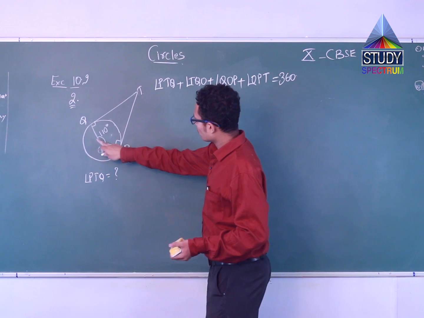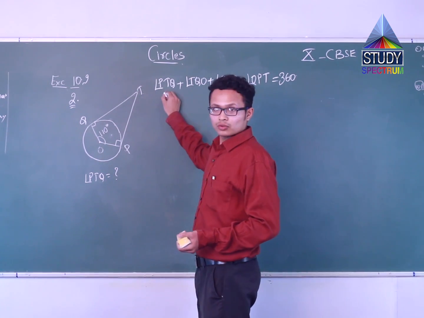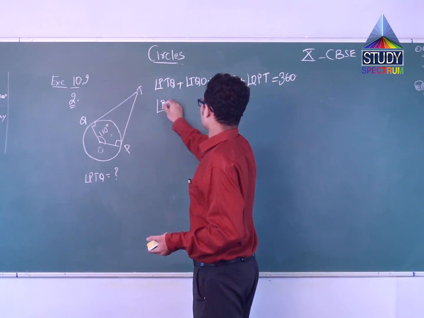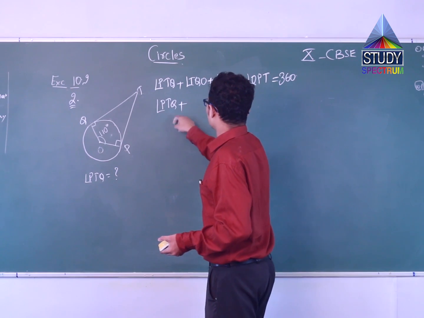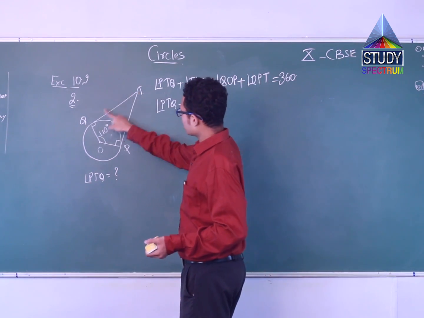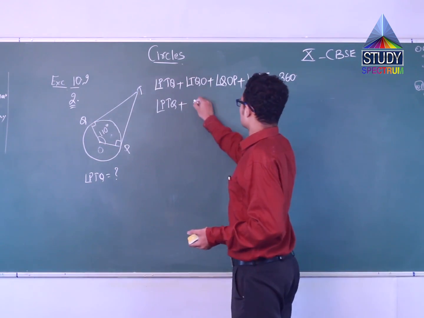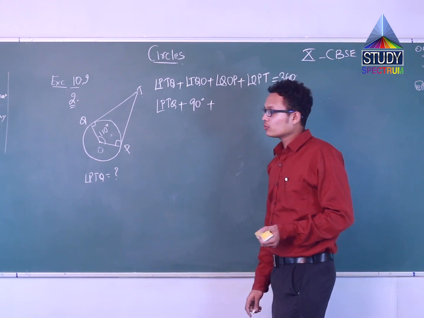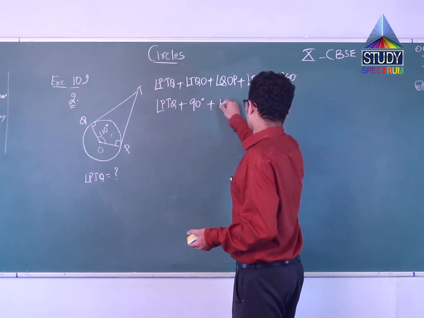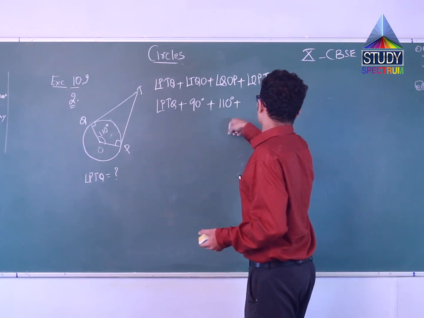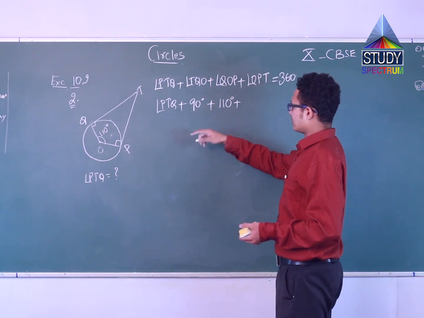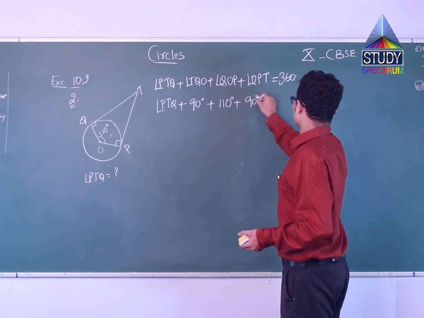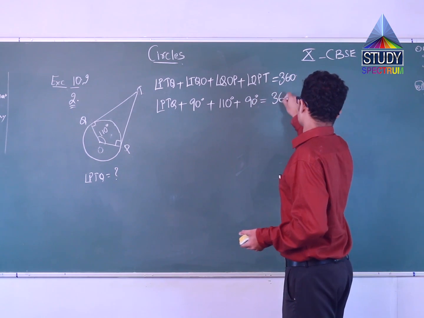Angle PTQ is unknown, so let's keep this as it is. Angle TQO is 90 degrees plus angle QOP, given in your textbook, is 110 degrees, plus angle OPT is again 90 degrees. This is equal to 360 degrees.